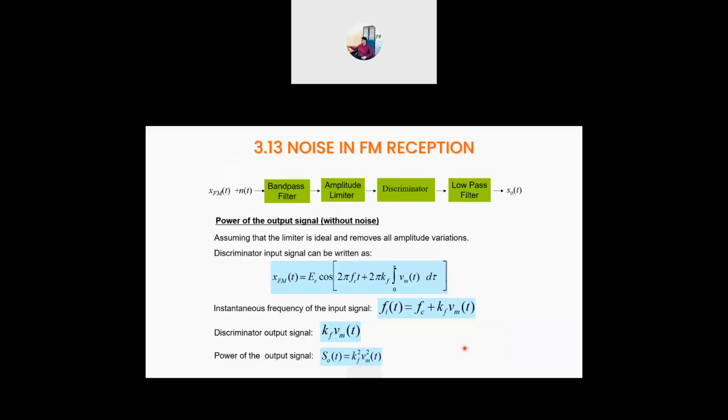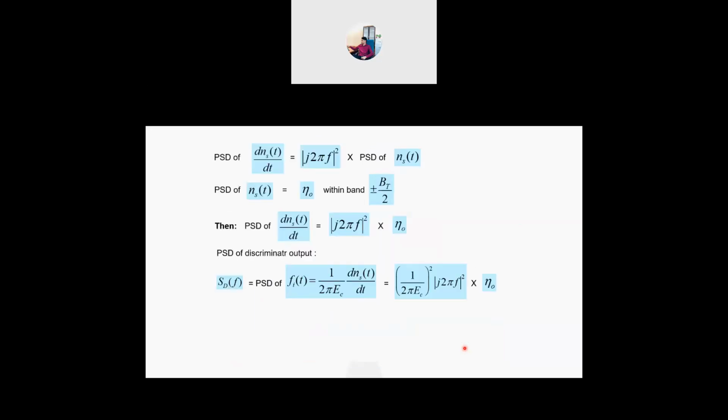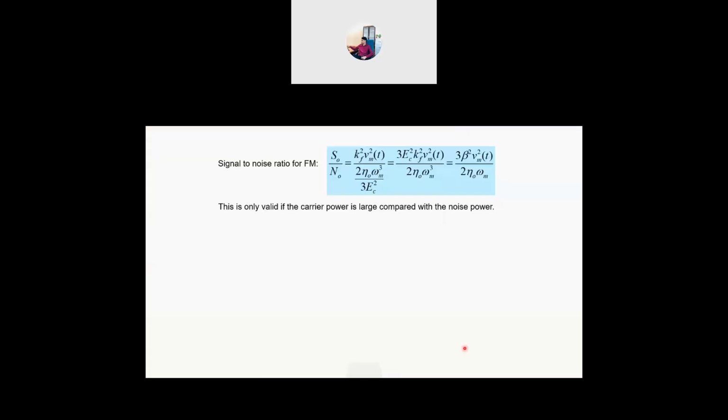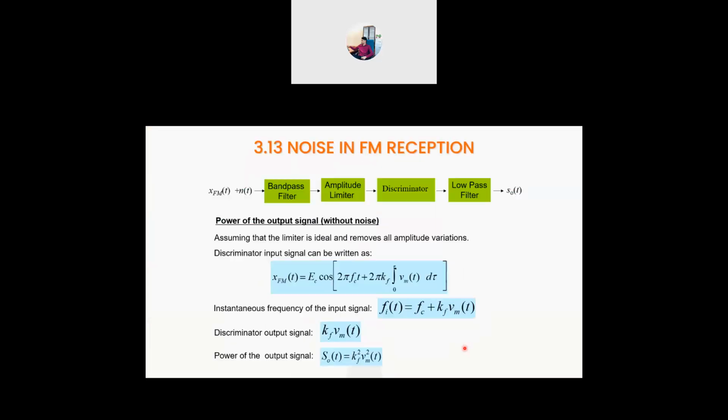Okay, next, we almost finished. Next we're going to discuss the noise in FM reception, meaning at the receiver, not at the transmitter. Now it's at the receiver.